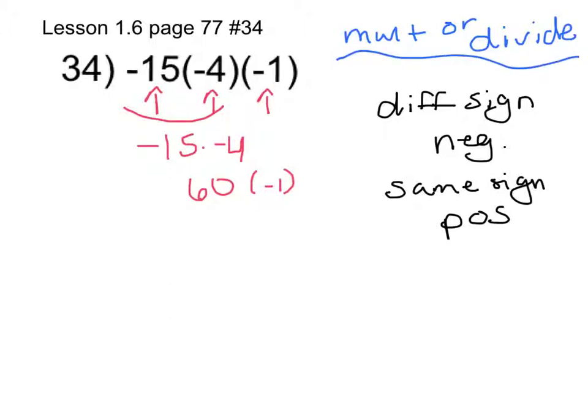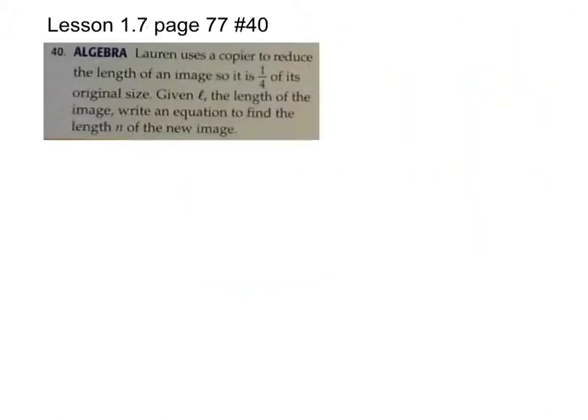Just like this one, we had the same sign with the negative 15 and the negative 4. That gave us a positive 60. But when we have a positive 60 and a negative 1, we get negative 60. So multiplying and dividing works that way.